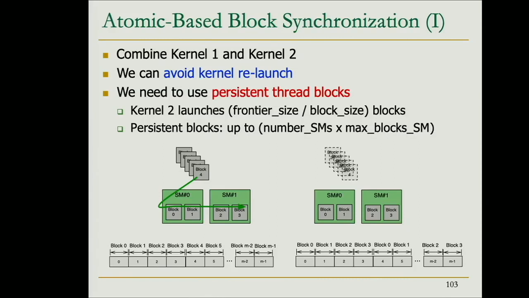So the idea of using persistent thread blocks is that I only launch a few. It's a little bit more complex to program, but in the end, it's a very easy thing to understand. Instead of launching, let's say, 1,000 thread blocks, I launch only 4 thread blocks, and these 4 thread blocks go over the whole array. So when thread block 0 finishes with this part of the computation, instead of retiring and releasing this slot for the next thread block, it goes into this part here and computes this part here.